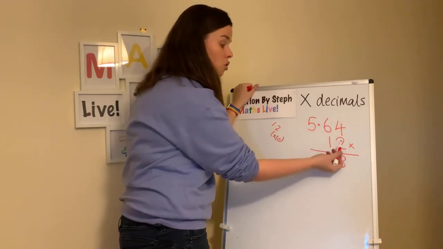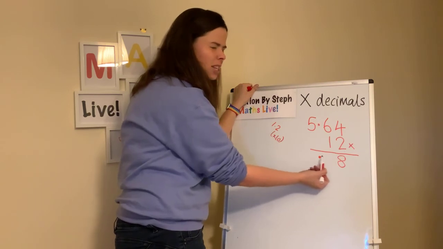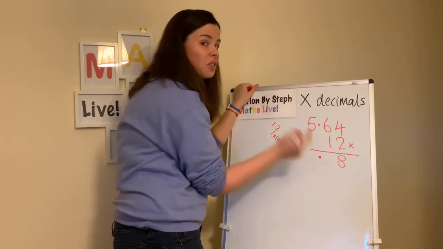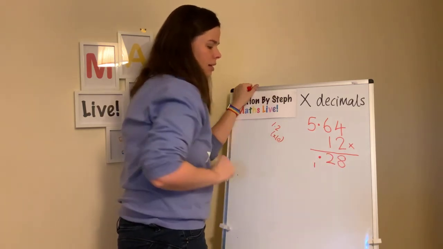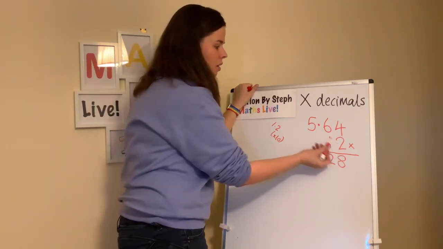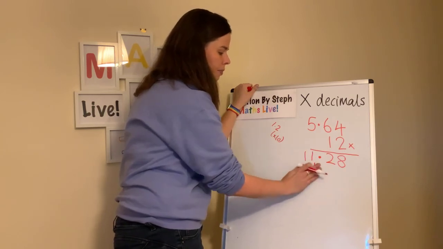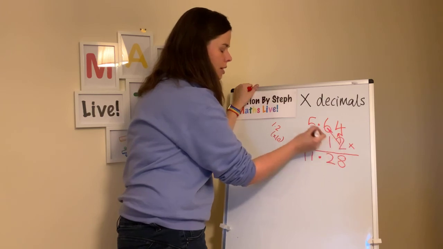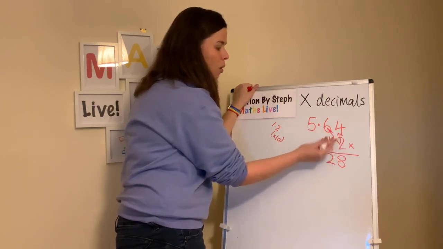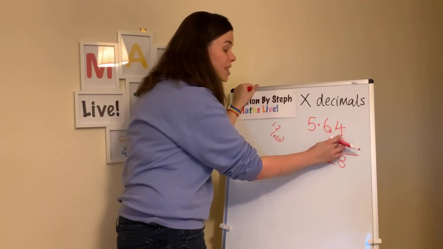So you got, 2 times 4 is 8. 2 times 6 is 12. Because can you see, you're like, where do you put the 2 and the 1 if you've not got it there? So 2, sneak the 1 underneath. 5 times 2 is 10, plus the 1 is 11. Okay, so we've done 2 times 4, 2 times 6, 2 times 5. And now we have to do the times by 1. But it's not 1, is it?